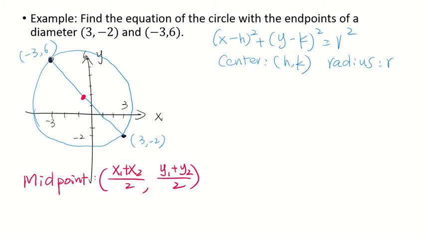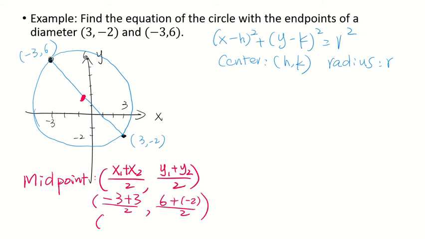So in this case, it will be (-3 + 3)/2 as the x coordinate of the midpoint, which is this red point here, and y1, let's call it 6, plus y2, -2, divided by 2.